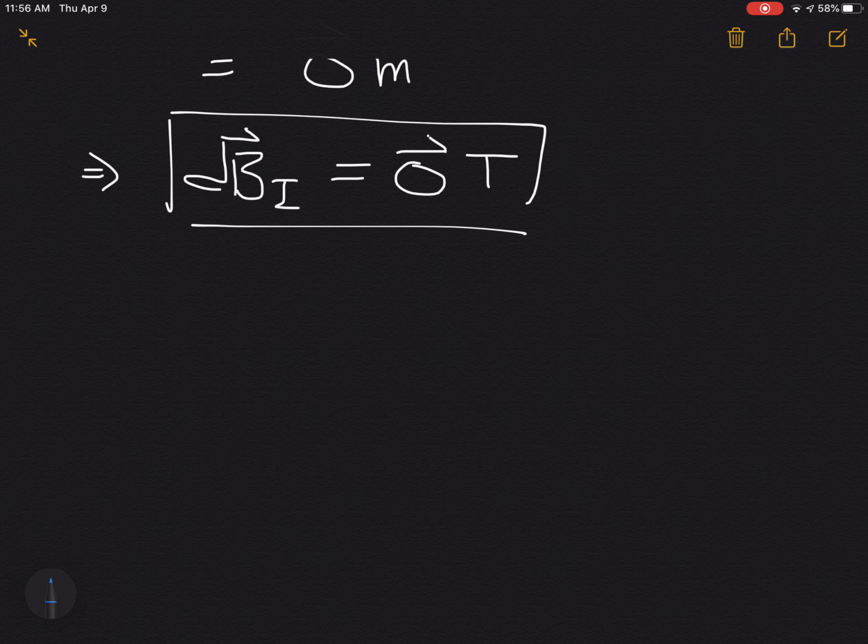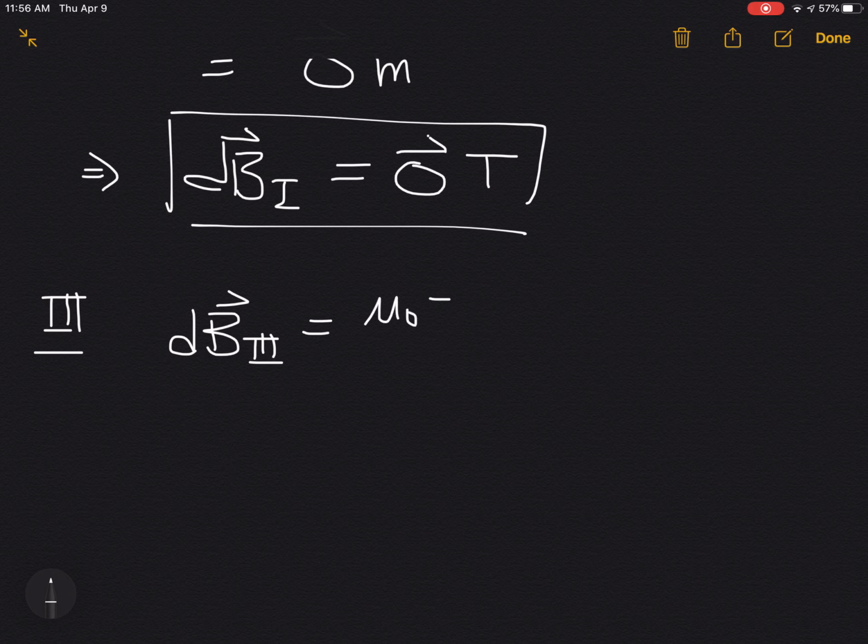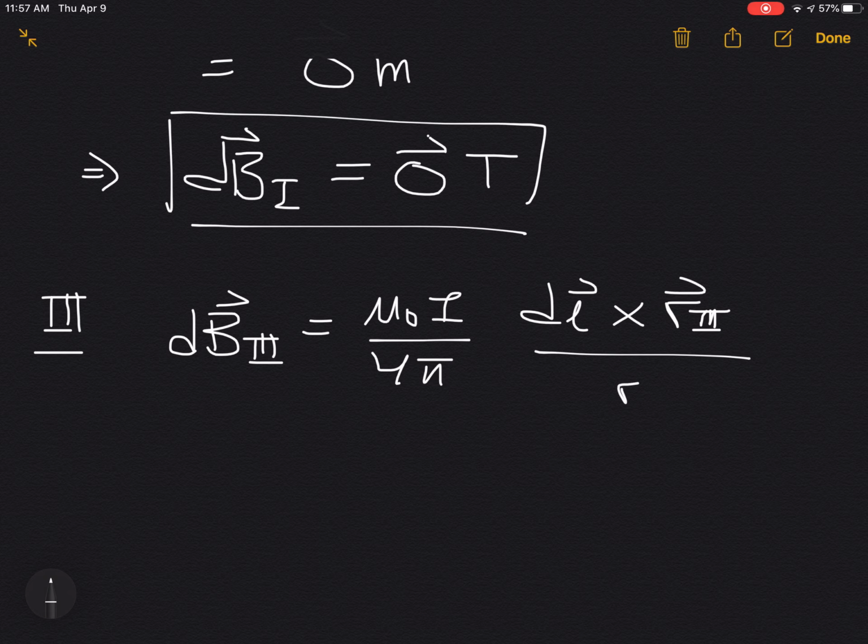So let's go ahead and look at this really quickly. Say that I wanted to do the third piece full justice. This is mu naught I over 4 pi dl cross r3 hat over r squared. Again, I messed up with my r vector versus unit vector.